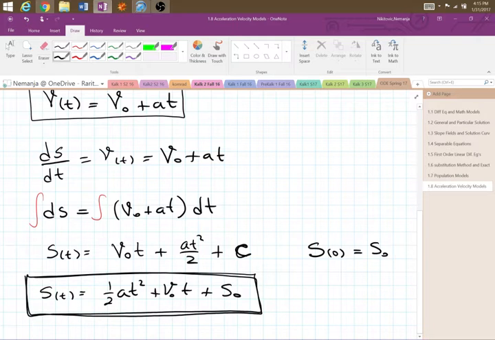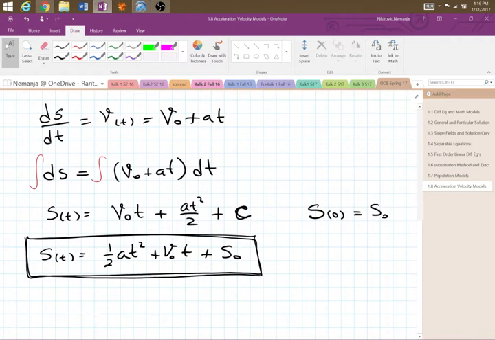Now we know that the acceleration for an object that you throw or drop is going to be gravity, g, acceleration due to gravity, and it's also pointing downwards.